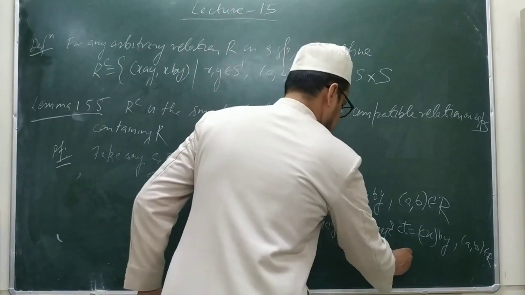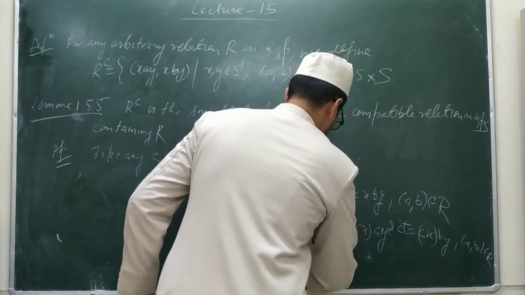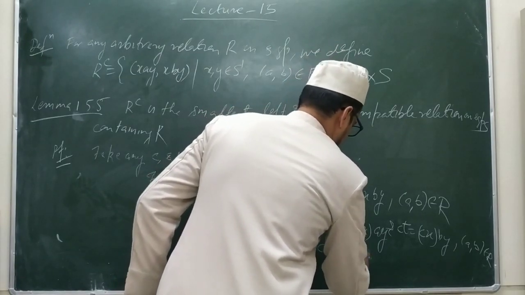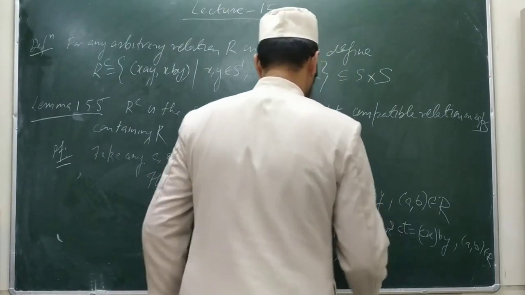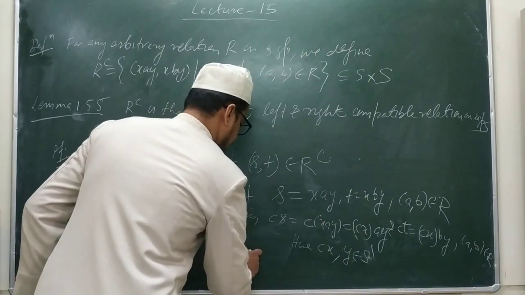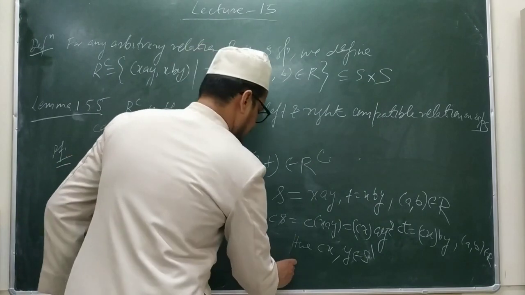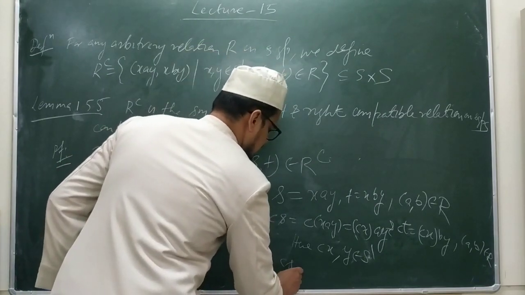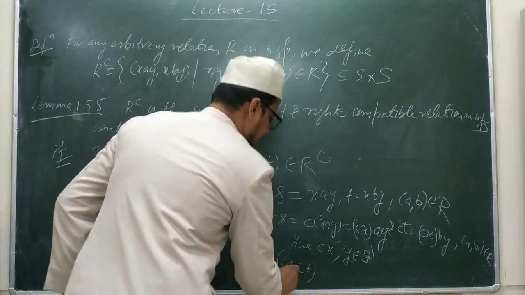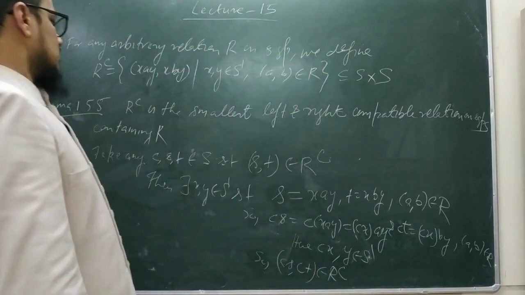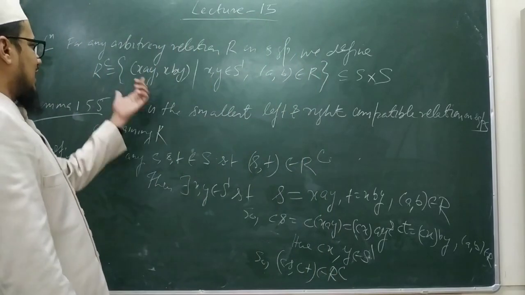So cx and y both are in S^1. It implies that (cs, ct) will go in R^C, because of the definition of R^C.